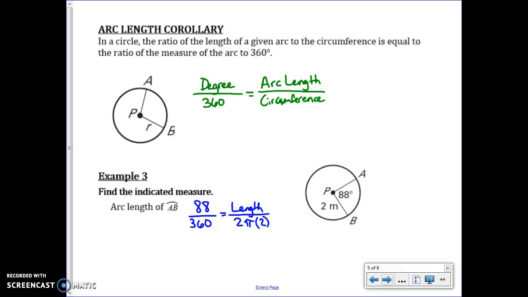I'm going to cross multiply, and I end up with 88 times 4 pi, which is 352 pi, equals 360 times the arc length.